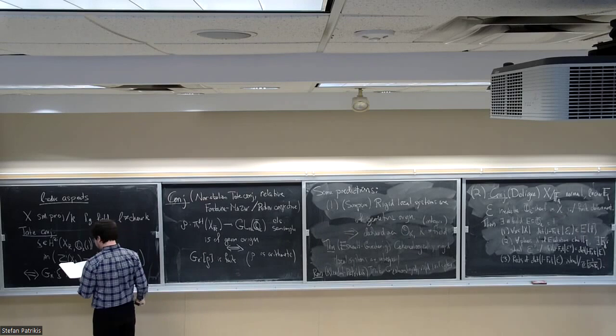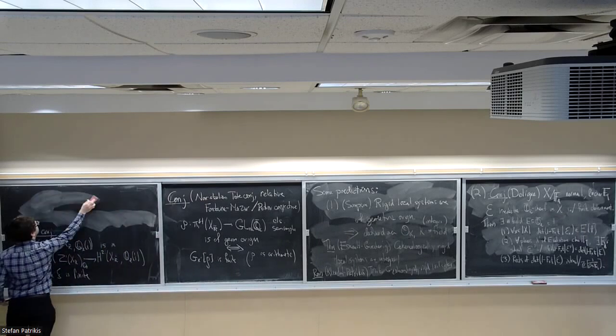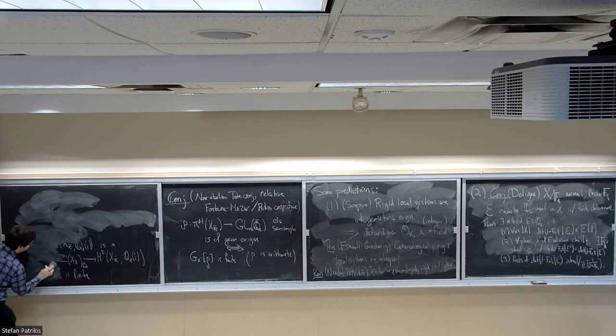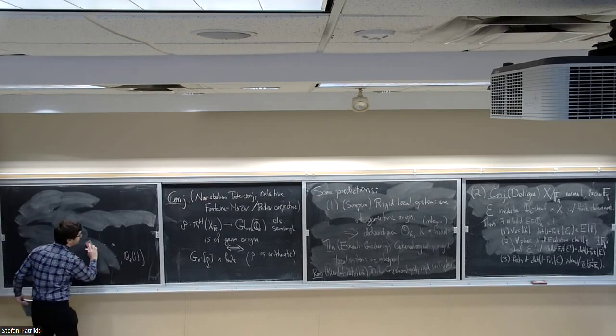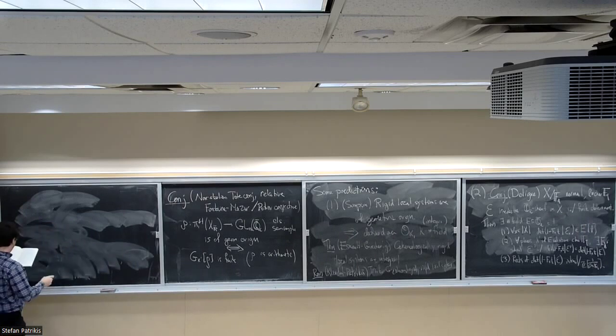All right. Okay, so maybe let me make a remark about this conjecture, which is that it's mostly known. The reason that it's a conjecture is because of that word normal. So this is conjecture, theorem.